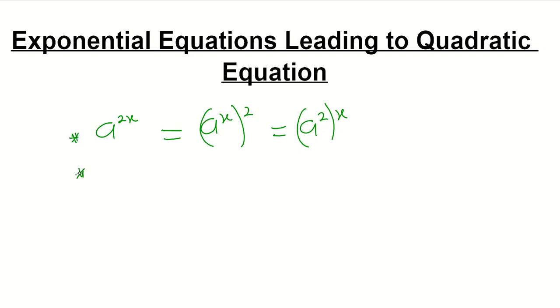The second one: remember from the laws of indices, we said that if you have a exponent m times a exponent n, provided the bases are the same and they are multiplying, we write one of the bases and we add the exponents. Now the vice versa is what we'll be looking at.